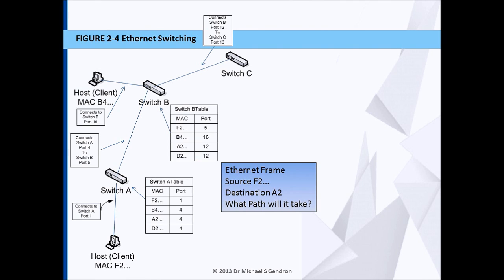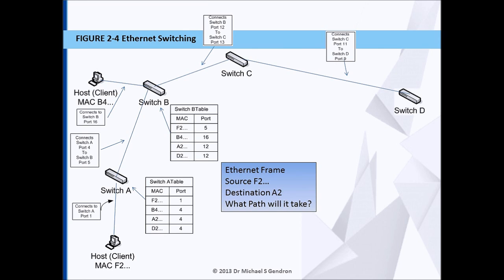Switch B knows that F2, if we look back towards switch A, connects somewhere out port 5. It knows that MAC address B4 is connected to port 16, but it also knows that A2 and D2 are connected somewhere out port 12, which happens to be connected to switch C. So let's continue and add some more devices.